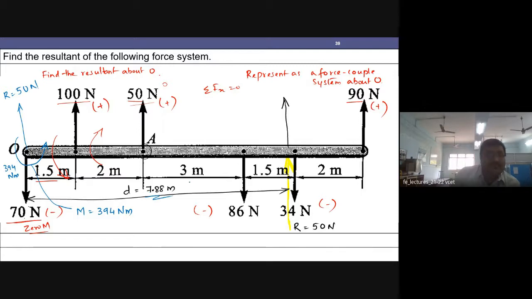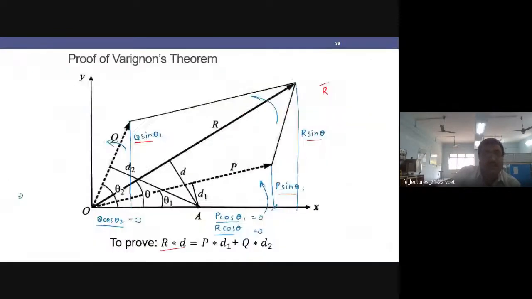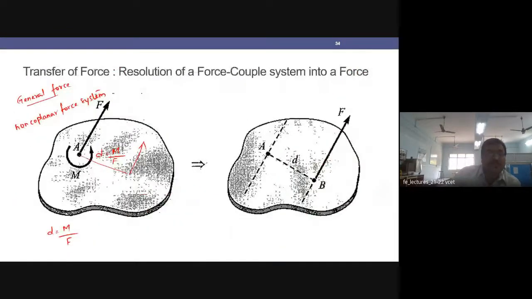That force and couple system I am representing as a force, which we did here previously. What did we do here? I had the force and this couple, so this is 50 Newton, this is 394 Newton meters. So how did I find this distance? 394 divided by 50. So this distance d will be 7.88 meters.